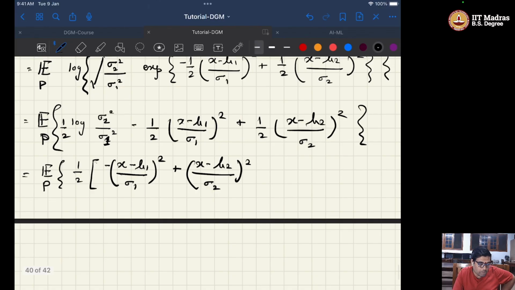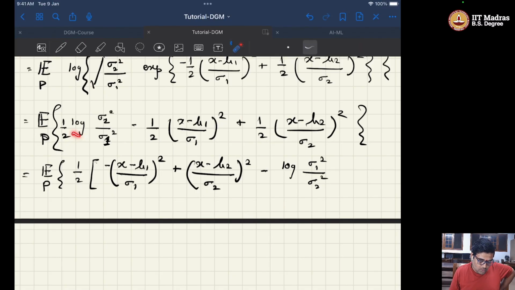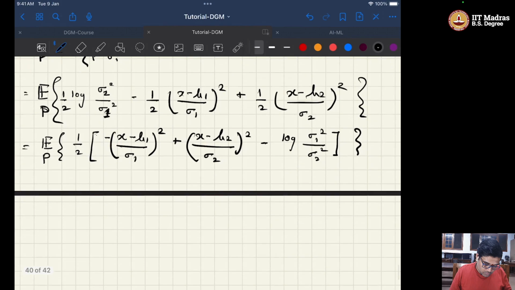Then this is minus log of sigma 1 square divided by sigma 2 square. I think you can understand this. Now, log of a by b is minus log of b by a, right? That is the idea that I have utilized here.